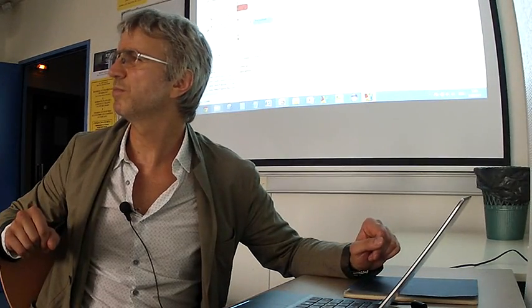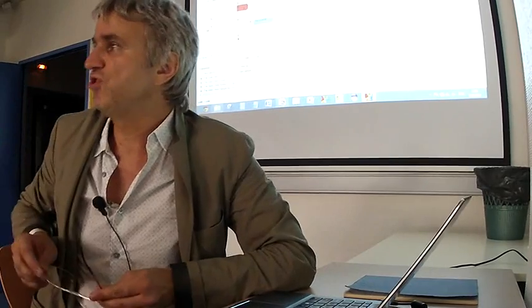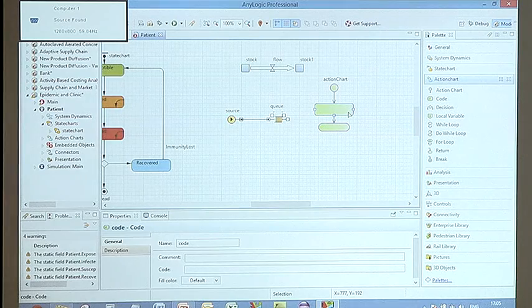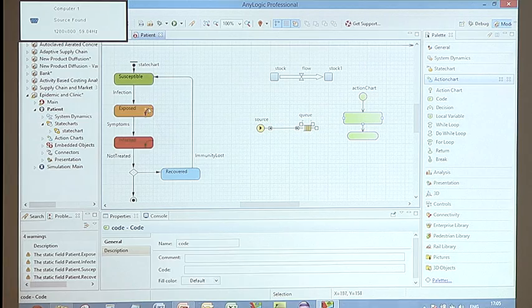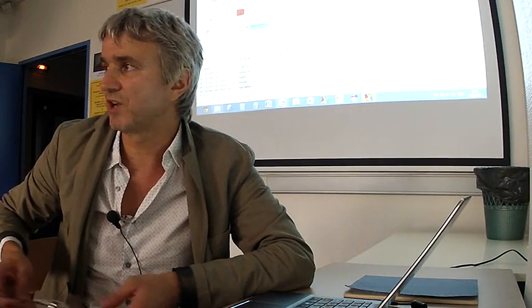Belief, desire, intentions. Goal-driven. Of course, but this is up to you how to program the actual decision making. We're providing languages. These are the main languages of any logic: state charts, system dynamics, process flow charts, action charts. The actual rules for when things happen are up to you to design.